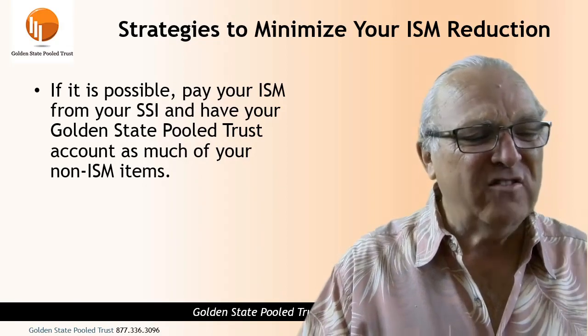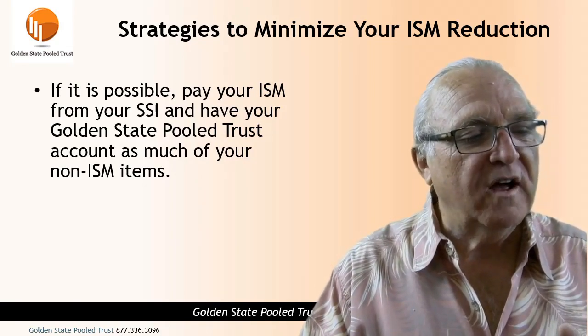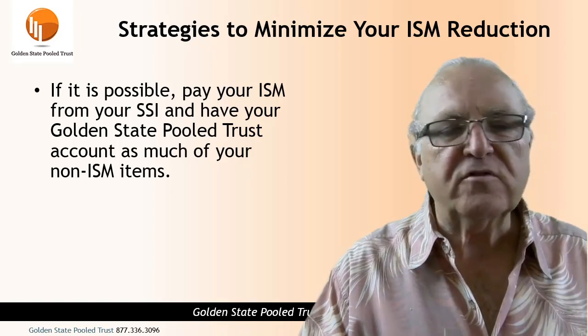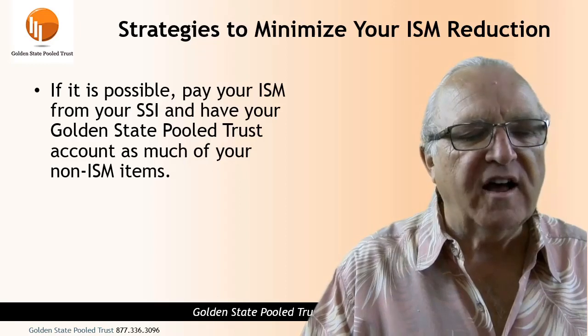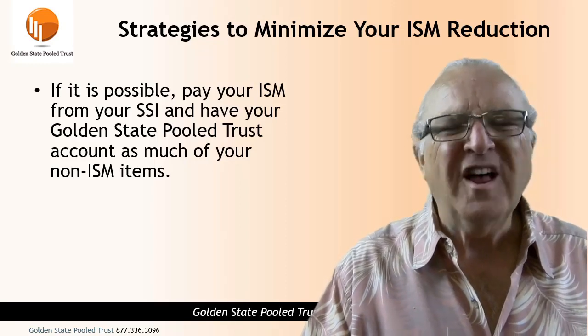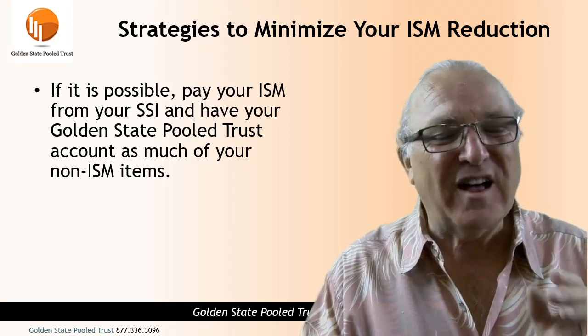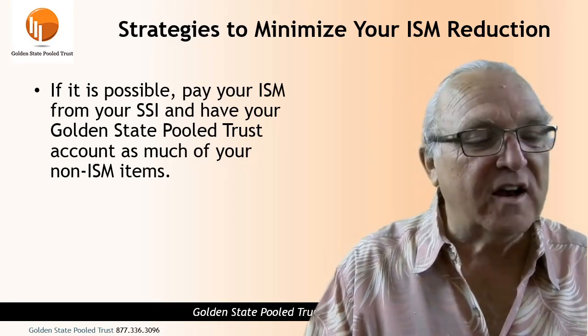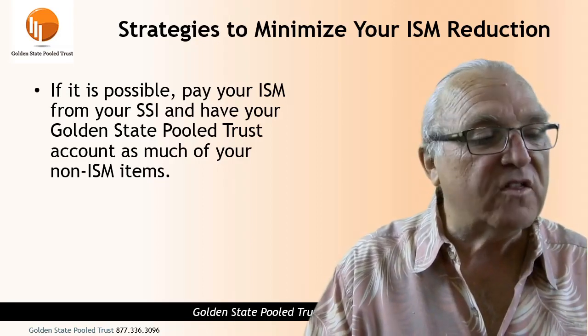If it's possible, pay your in-kind support and maintenance from your SSI, and have your Golden State Pool Trust or your trustee pay as much of the non-ISM items as possible. Now in California, housing is a little on the expensive side, and a lot of times that's just not possible, and we'll just pay the rent anyway and take the reduction.